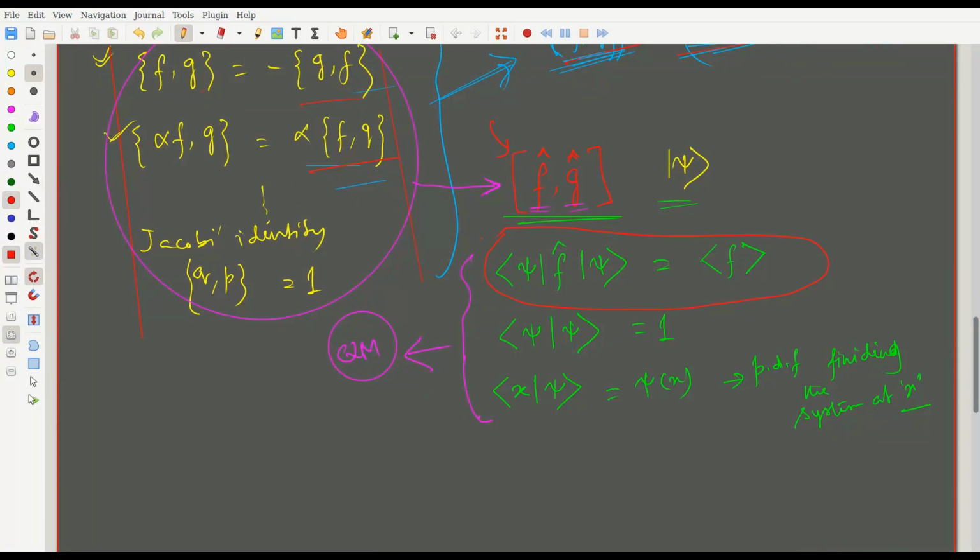So if this needs to be real, then this f needs to be Hermitian. So the quantum mechanical operator, if that is a physical operator, this is related to physics, then these operators f and g are Hermitian. Usually f and g are Hermitian.